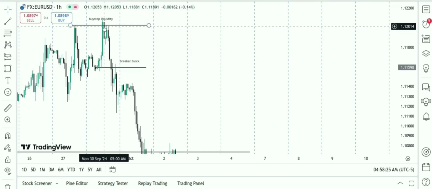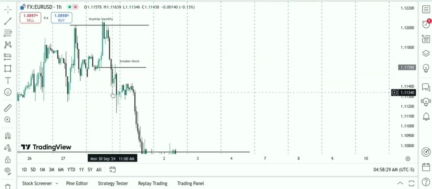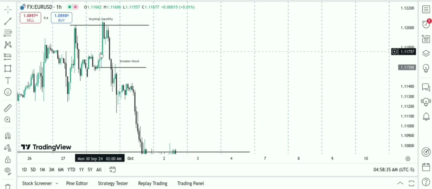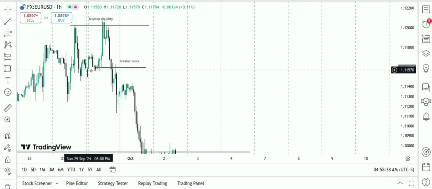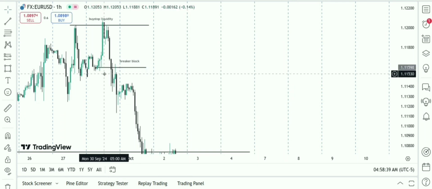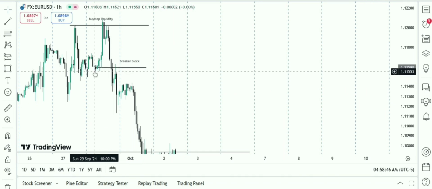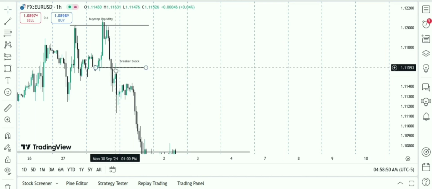As soon as the market took this buy stop liquidity, the market displaced to the downside, which took out the previous swing low. That is our market structure shift. Now the market retraced back to this breaker block, the previous swing low that is now our breaker block. This is where we anticipate a price movement to the downside.